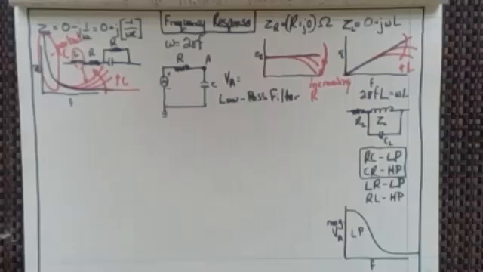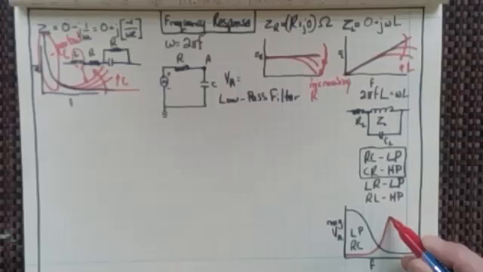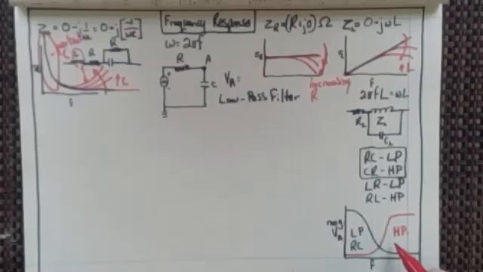And so, like I say, a low pass filter is an RC filter. Now, how about the high pass filter? The high pass filter would be a filter like this, and that would let the high frequencies through, and that would be a CR filter rather than an RC filter.